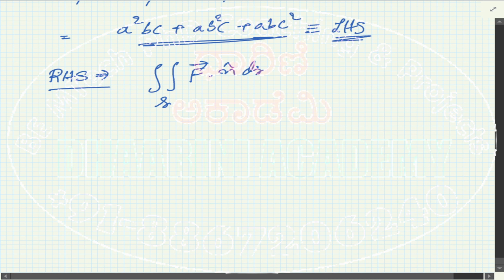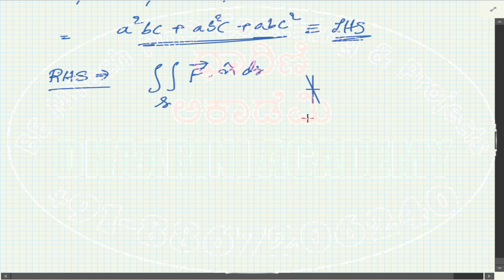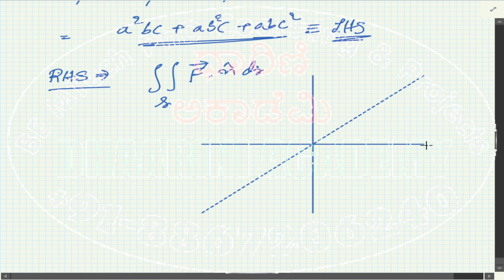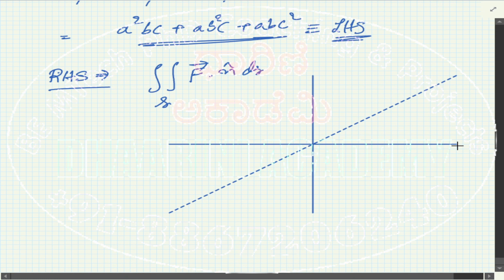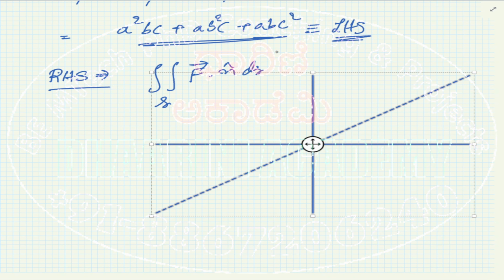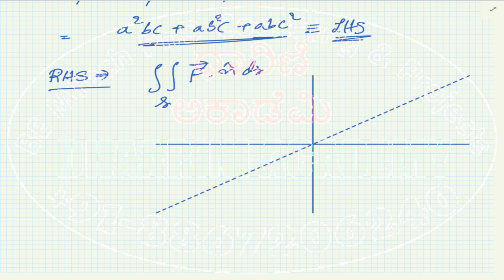So let's say the x, y, and z coordinates we are going to write now. Like this.